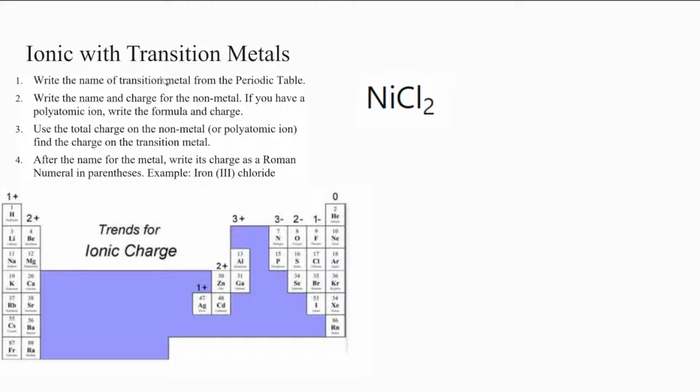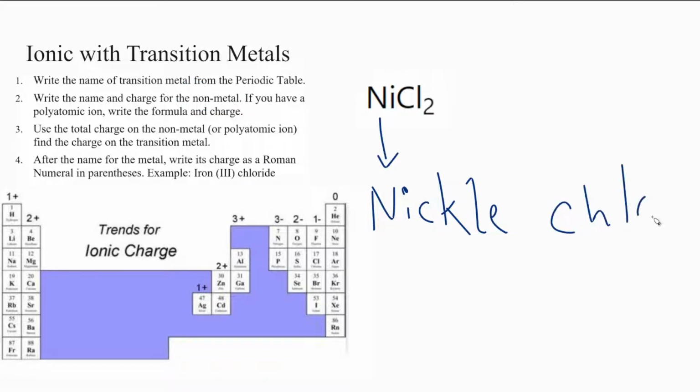So we have NiCl2, right? The way we do this, we write the name of the metal. So we write nickel. And then we write the name for the nonmetal. That's chlorine. We're going to change the ending INE to IDE. But here's our problem. Nickel, that's a transition metal. So we have to figure out its charge.